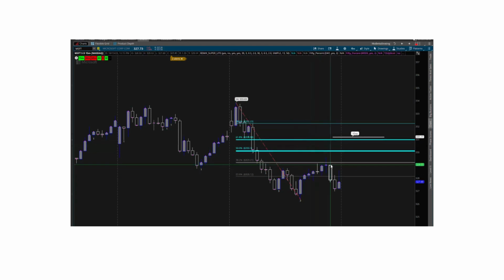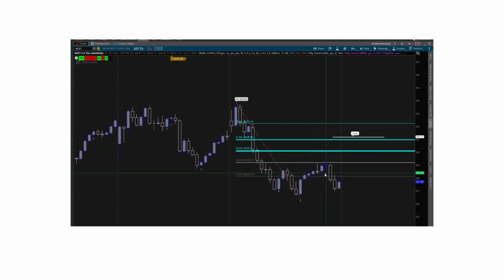It never closes above the 38.2 level, which for me is my exit. If price closes above the 38.2 level, I'm out of there, but you can do what you feel. If you want it to close above the 50%, go for it. 61.8, go for it. Just make sure you have that full plan in place before you get into this play.